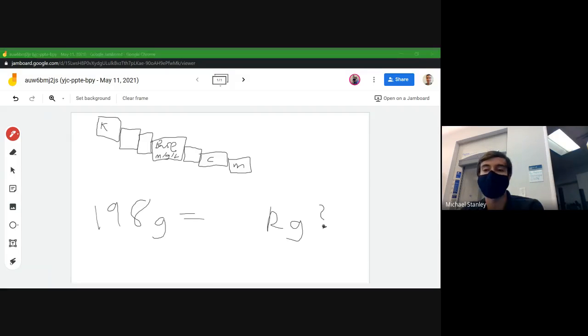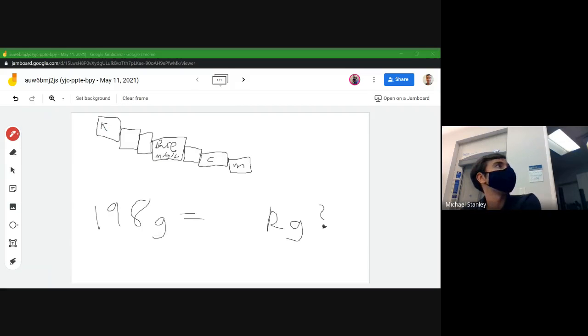Feel free to answer either out loud or you can write it down in the chat as well. We've got our kilo box, we've got our base unit box, we've got our centimeter and our millimeter box. So which one of these steps is going to be our starting point for this conversion? Is it going to be K? It's not going to be K.